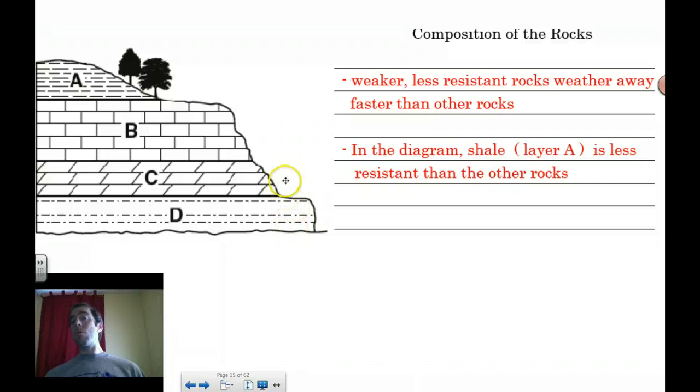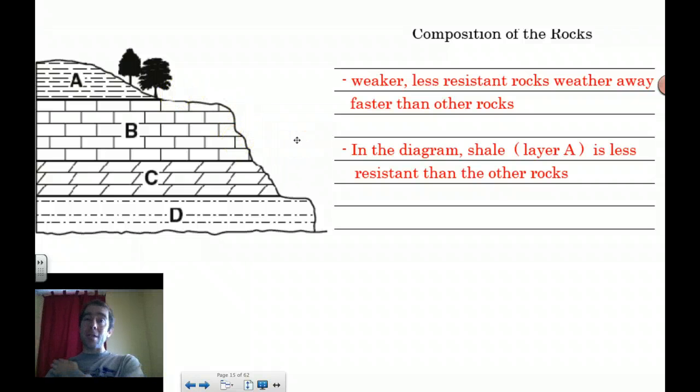The one that's most weathered is A. It was broken down and weathered away and picked up and carried away. We call that erosion.